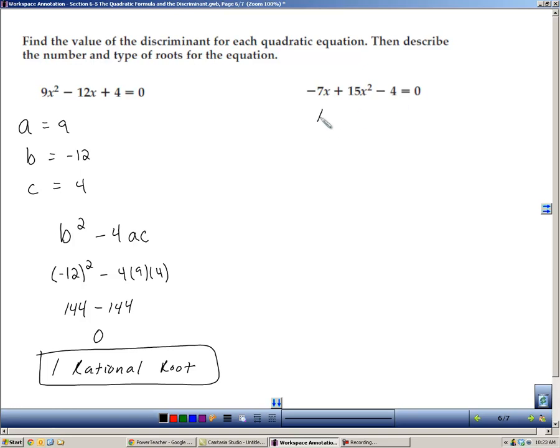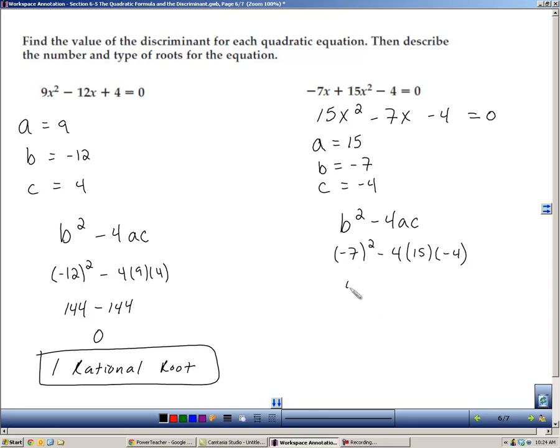Over here I'm going to rewrite this so it's in the proper order. 15x squared minus 7x minus 4. Don't get confused. You want to have descending order so that you can find your a, b, and c. So again, use the discriminant of b squared minus 4ac. Negative 7 squared is 49. 4 times 15 times 4 is 240.